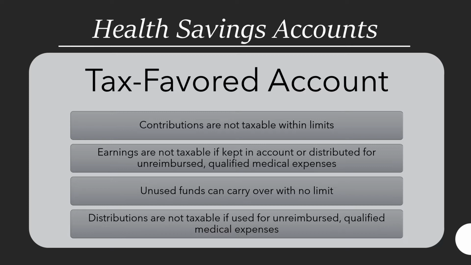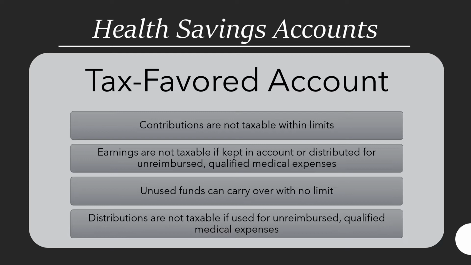The earnings on the money in that account are not taxable as long as they are kept in the account, or if they are distributed for unreimbursed qualified medical expenses. Unused funds can carry over from year to year with no limit. Earnings carry over from year to year with no limit.